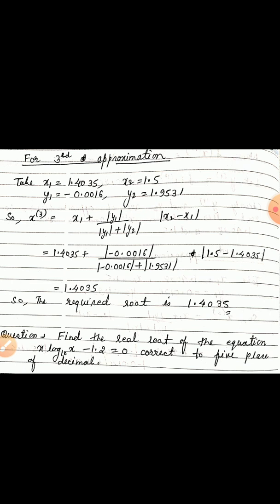As in the previous example, we have seen that the value of x1 is 1.4 and the value of x2 is 1.5. So the interval must be very, very small. So just using that, try this numerical and find the solution.